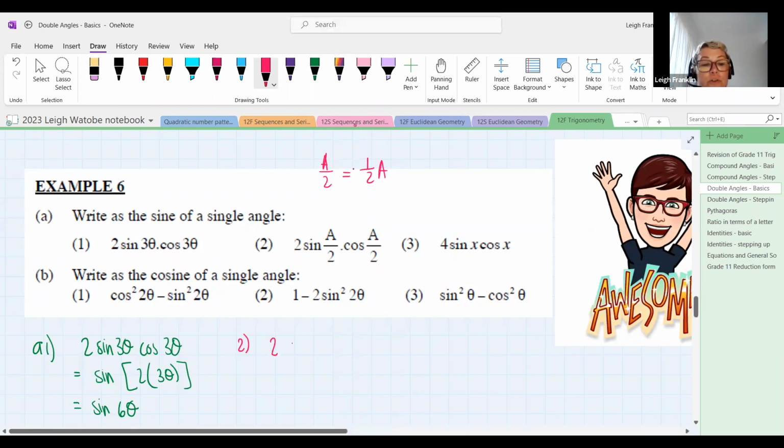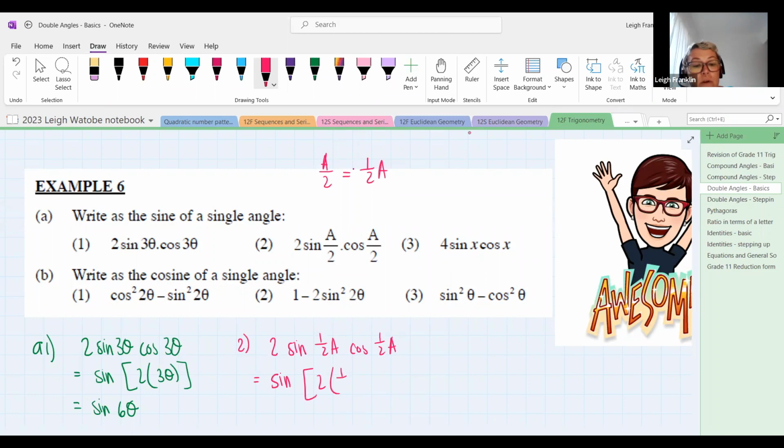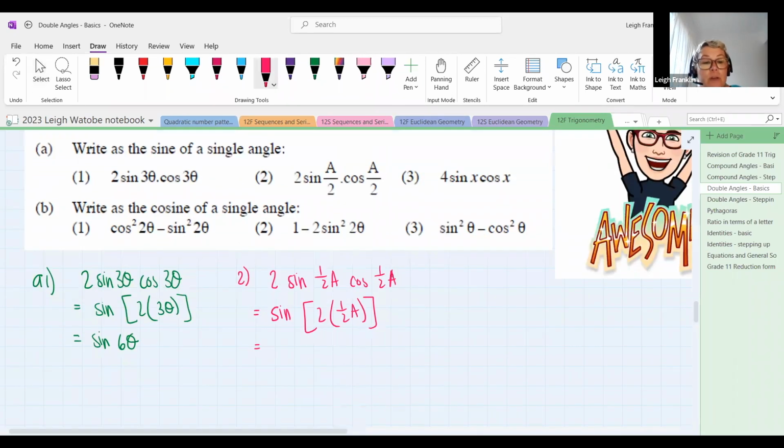So we've got 2 sine half A cos half A. I'm going to write it like that for you guys. So now when we do the reversal of the expansion, we're going to write it as the sine of 2 times half A. And you guys all know what 2 times a half is. It would give us 1.